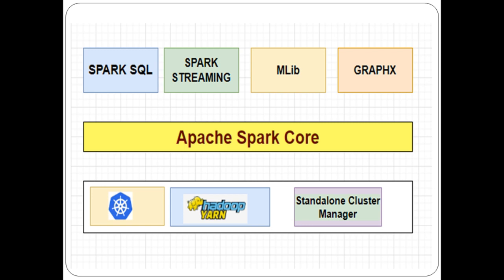One is Kubernetes. If you have created Databricks in the cloud with containerization, you can use Kubernetes as a cluster manager. If you are working with Spark core on the Hadoop ecosystem, then the cluster manager is Yarn.